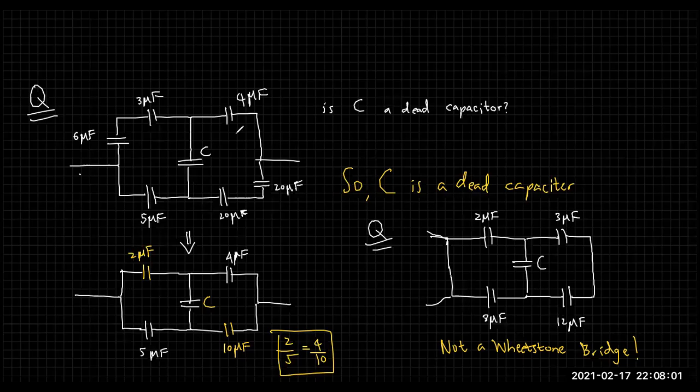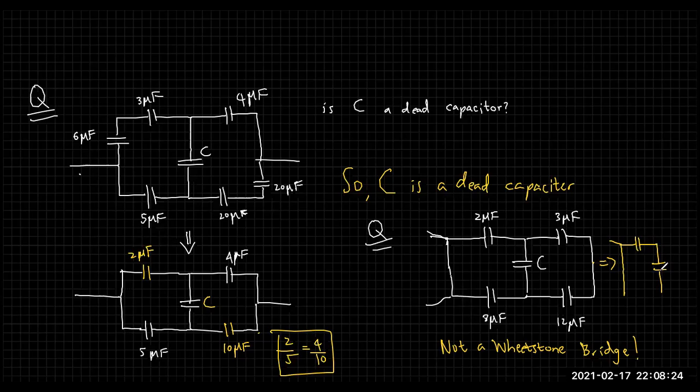In a Wheatstone bridge, this and this are not in series; this part is separated by this. But here, the line is missing, correct? So these 3 and 12 are actually in series. So this system can be altered to this.